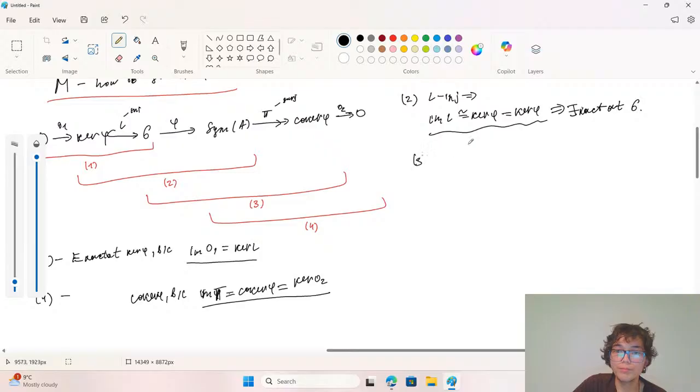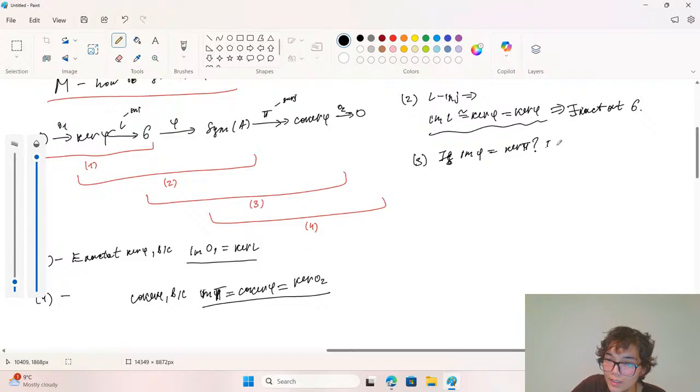Third, it's the hardest one. I ask myself, is the image of phi equal to the kernel of pi? And then I ask myself, let's be more polite, less strict.